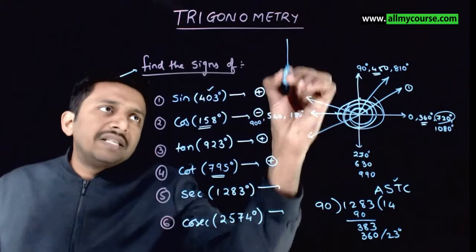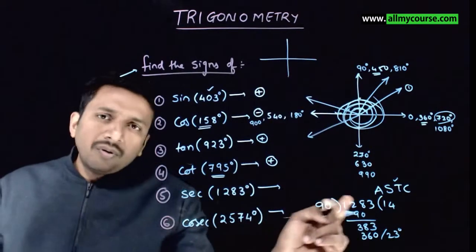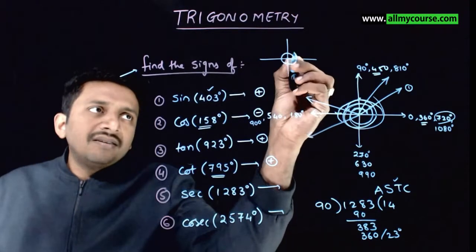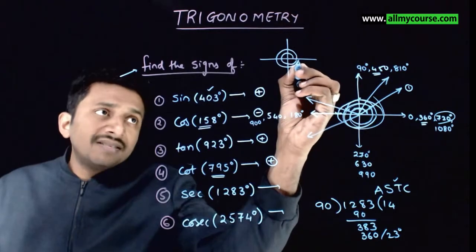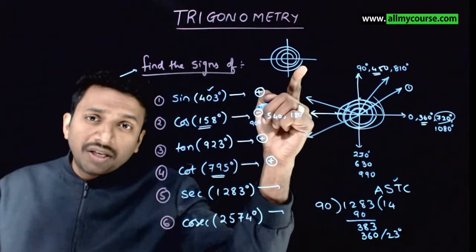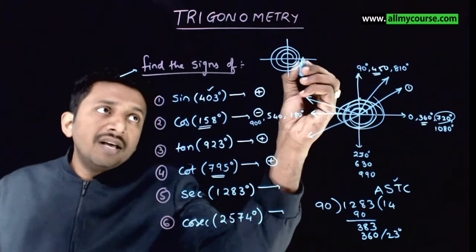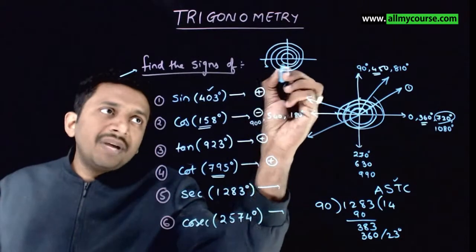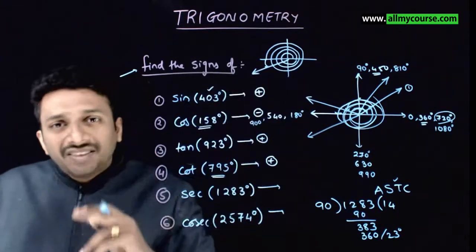So let us draw a fresh diagram. If you go through 14 right angles, you have 4 right angles here. One more rotation gives you 8 right angles. One more rotation gives you 12 right angles. So 13 right angles, 14 right angles plus some acute angle. So the ray stops in the third quadrant.